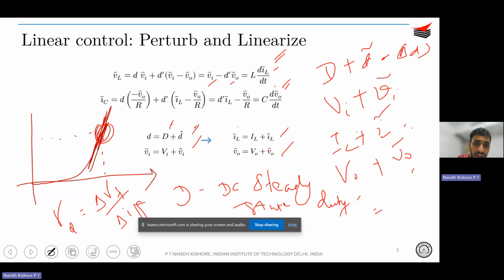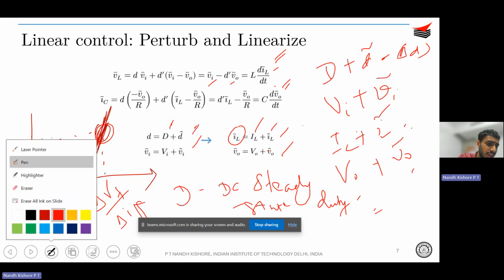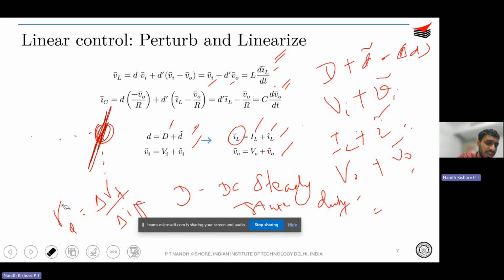I will write I_L as capital I_L plus I_L tilde, V naught as capital V naught plus V naught tilde, and the duty as the DC steady state duty plus a small variation. I'll just apply this in these expressions.